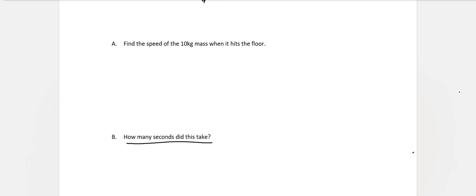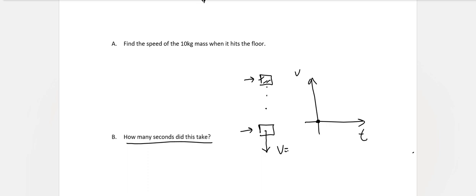That object started up high, accelerated down, and if we did a quick sketch of velocity against time, as we usually do, at the top of its motion, its velocity is 0. At the bottom of the motion, its velocity is some number that you now have from part A.